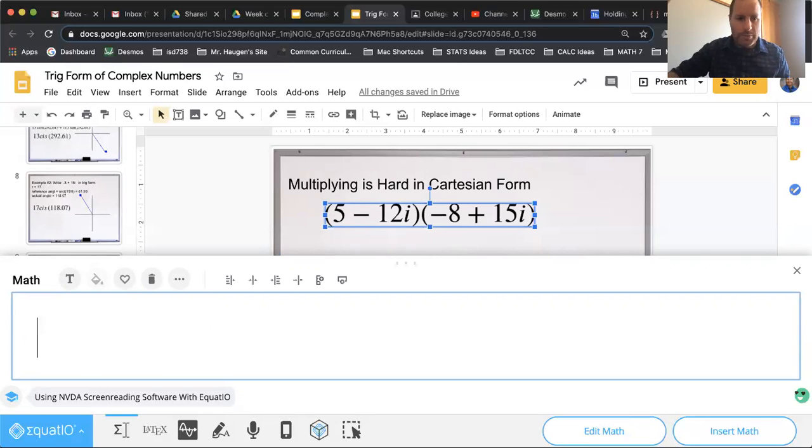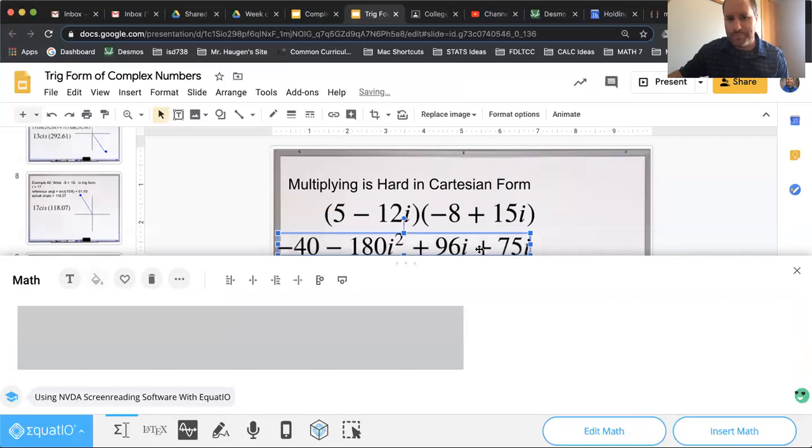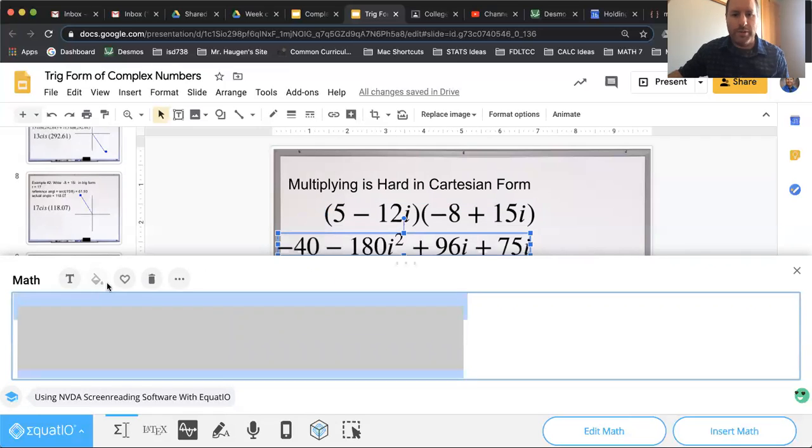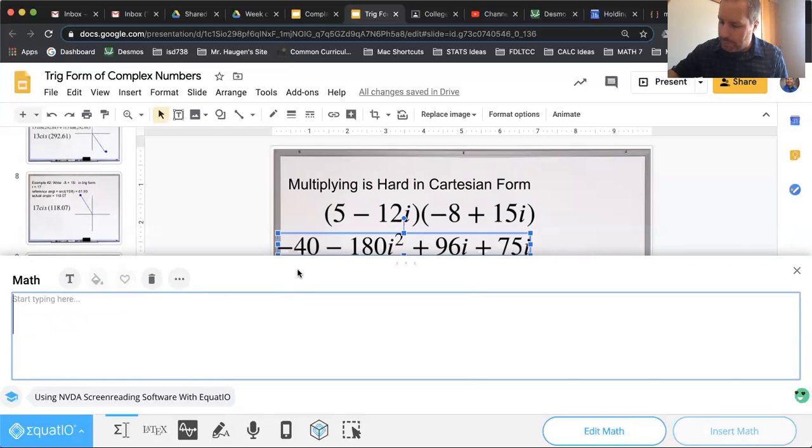And boy, then we got to work that stuff out. Well, we can just insert that right in there. All right, now we got to work all those portions through. -40 plus 180, which will be 140, because again, the i squared is negative 1, and then plus, oof, 96 plus 75. I'm just going to use my calculator.